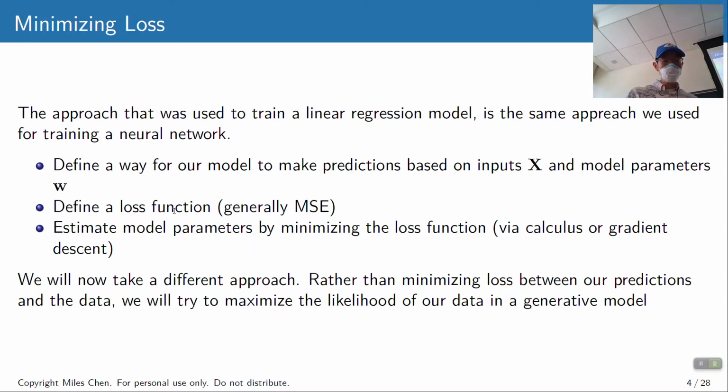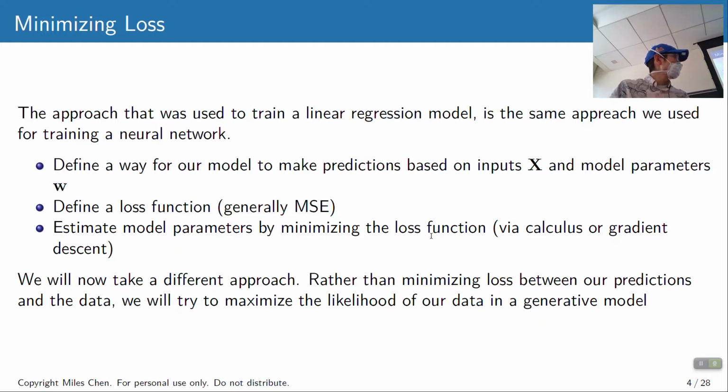We have a loss function, and then we estimate the model parameters by figuring out what values will minimize the loss function. We can do this using calculus, or using gradient descent. That's what we've done so far. It's all been about minimizing the loss function. That's been our objective function, the sum of squared errors or mean squared error, and we want to make this as small as possible.